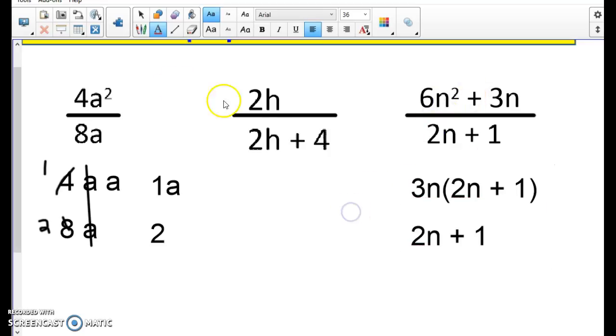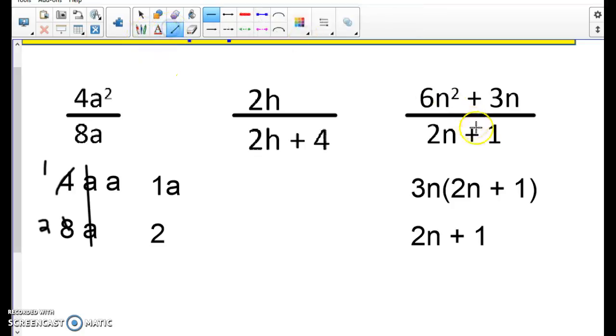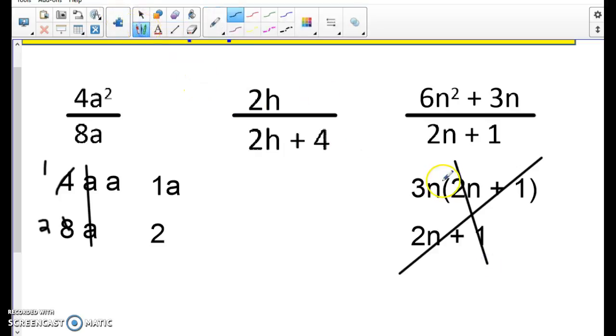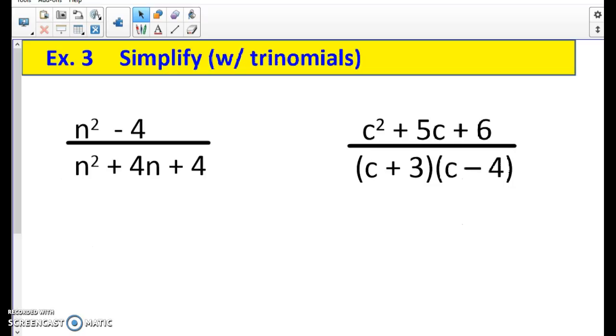And we see that we have something that's exactly the same, so we can cross it out. So the top has a 2n plus 1, the bottom has a 2n plus 1, so we're going to simplify those, and we're really just left with 3n. It's a lot easier if n was 3, well, now I know the answer is 9 to this problem, as opposed to plugging in 3 for all these n's up here, and really just simplifying it, and still getting 9 as the answer. So it might be a better idea to simplify before we start solving.